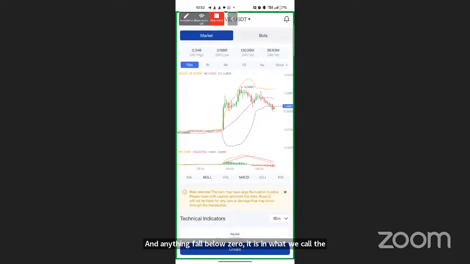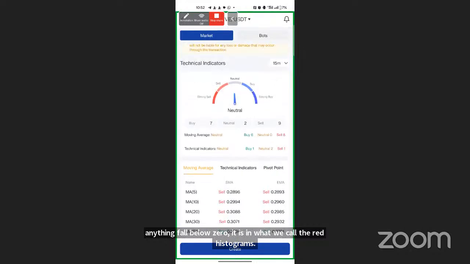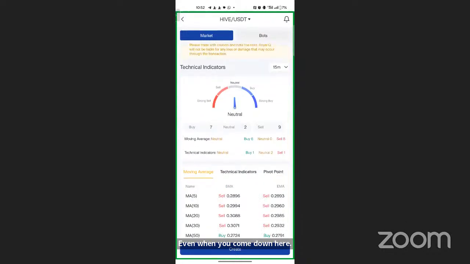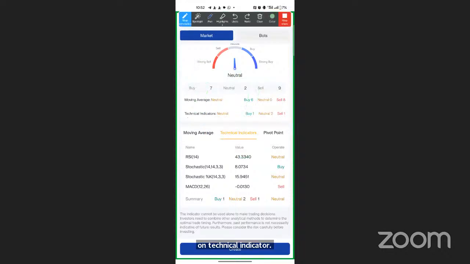Even when you come down here, on technical indicator, and you look at MACD here, it will show you the value. And you see the value here is below zero.